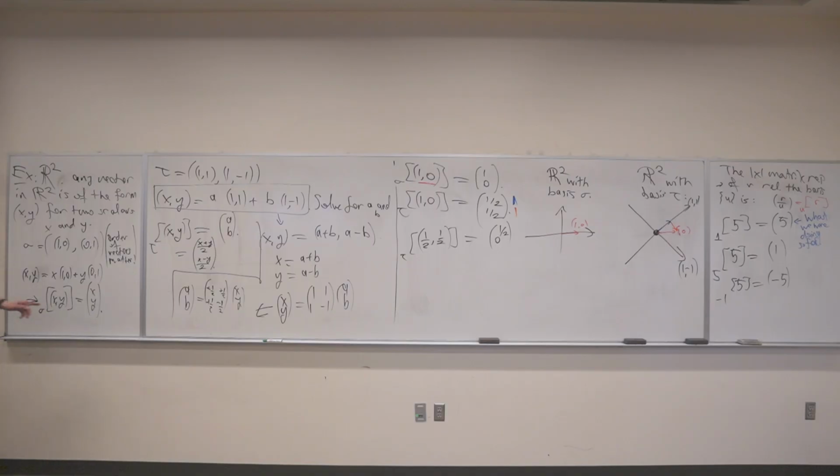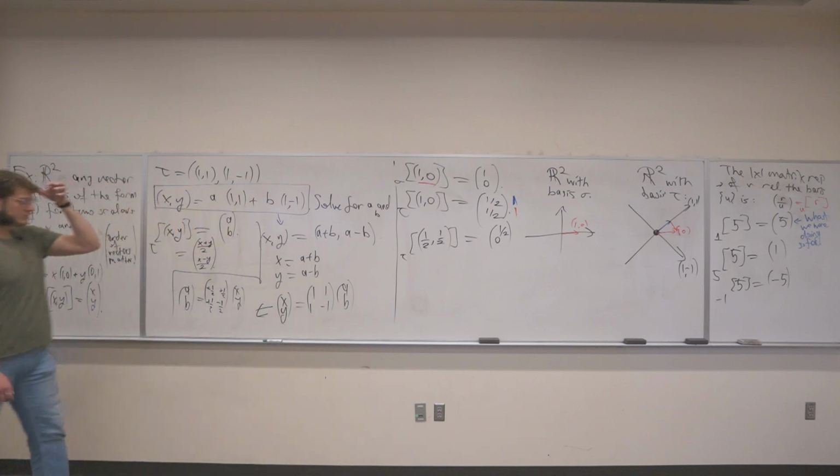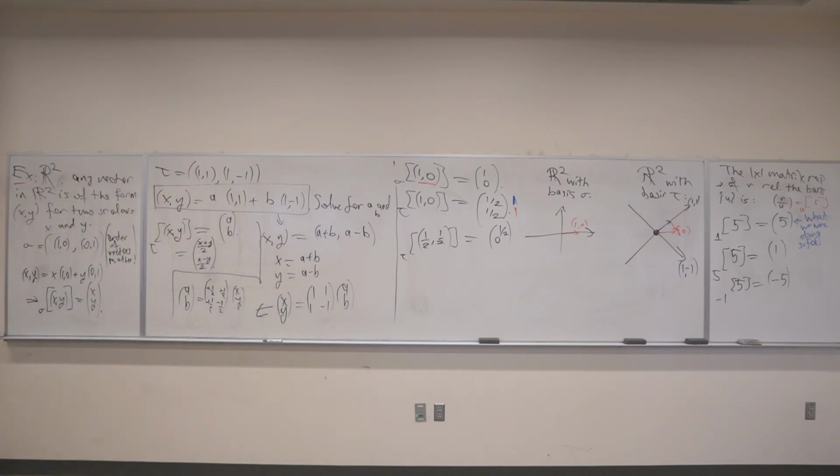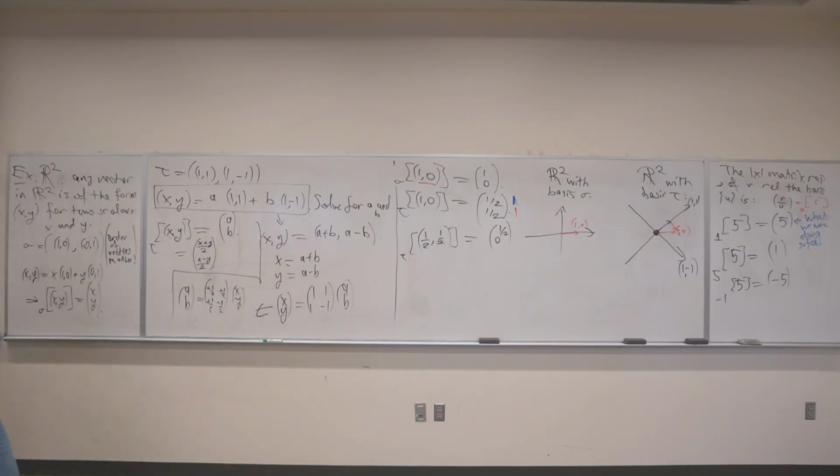The notation in the textbook could be different, by the way. I don't quite remember the notation in the textbook. I tend to use this notation, in fact. The notation I like is this.